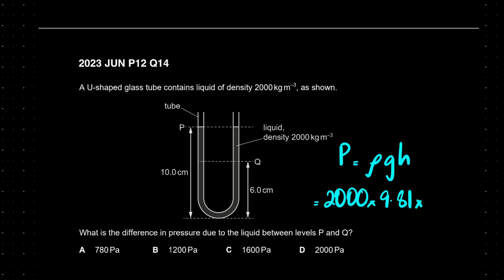And the difference in pressure is due to the difference in height, which would be 10 minus 6, which is 4 centimeters. So 4 times 10 to the negative 2, right? So let's see what this turns out to be. 2000 times 9.81 times 0.04, so 784, so about 780 pascals.